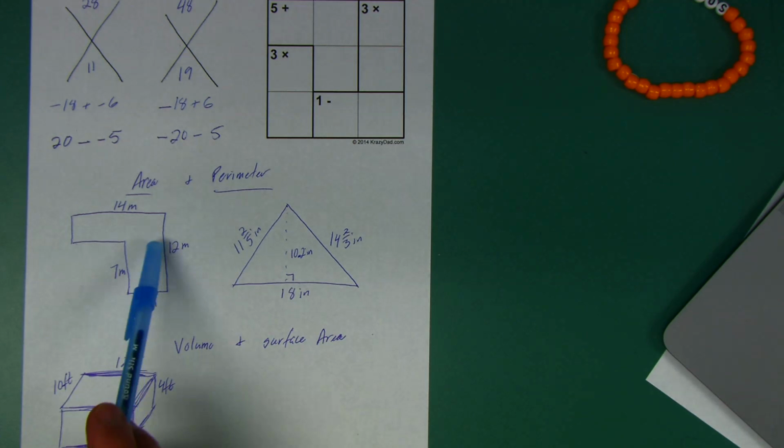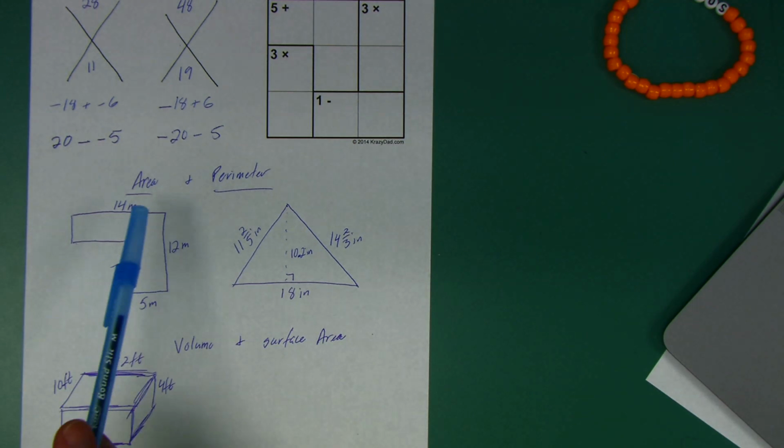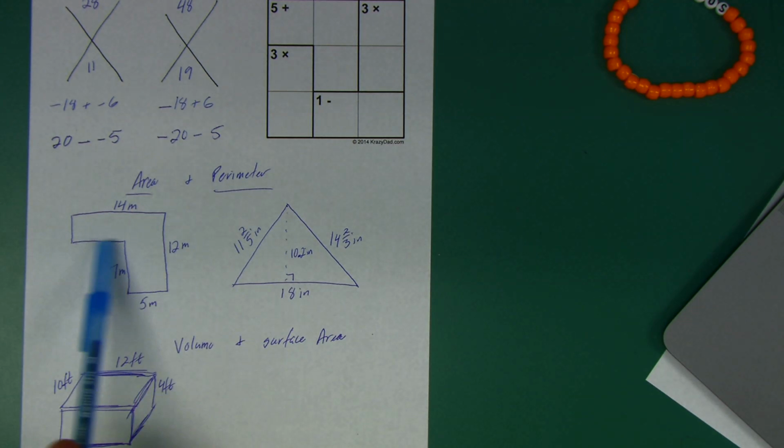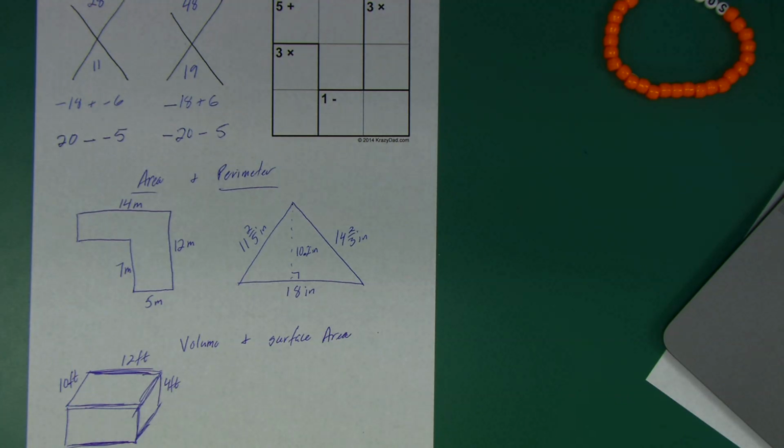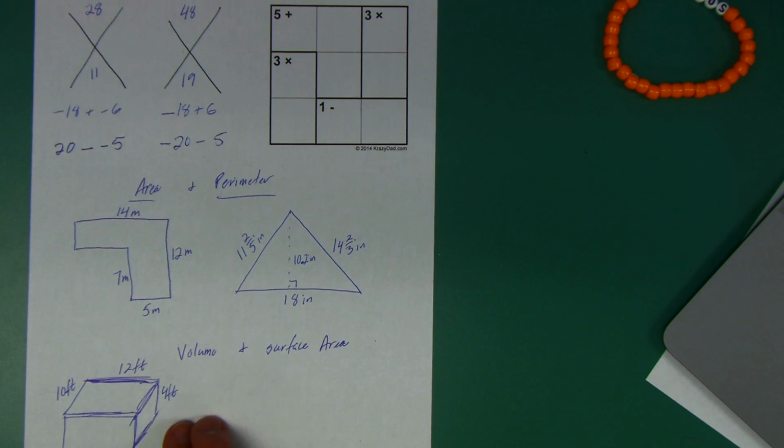The challenge here is this is what we call a complex or compound shape. You need to figure out the length of this line and the length of that line before you can get the area and the perimeter. And don't forget, on the triangle, you're doing 1/2 times the base times the height.